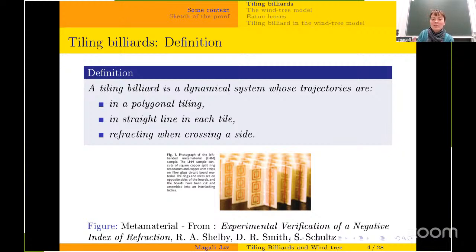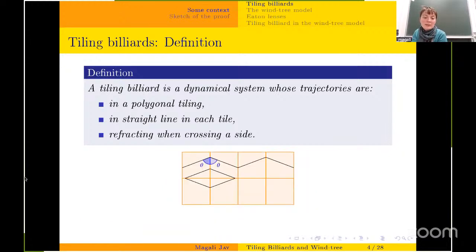But usually the refraction indices are positive. Here, for these metamaterials, the refraction index is negative. So in our case, the ratio between the two indices is -1. So you are really refracted as by a mirror.